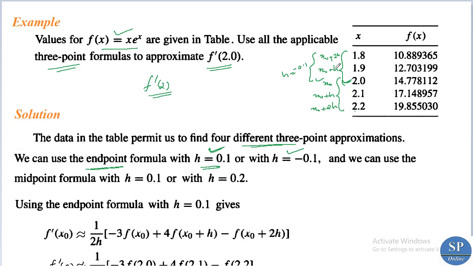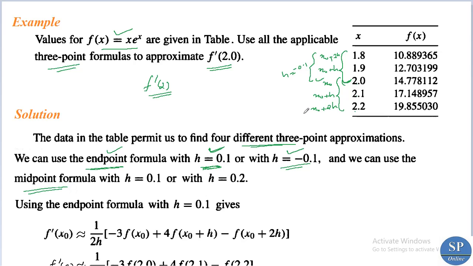So we can use 1.8, 1.9 and 2 to find the approximate value of f dash at the point 2 by using the endpoint formula. So we can use the endpoint formula with h equal to 0.1 and with h equal to minus 0.1.